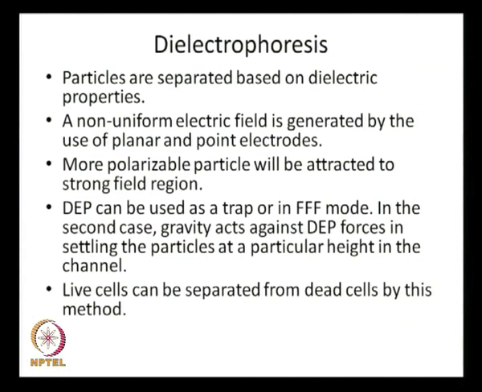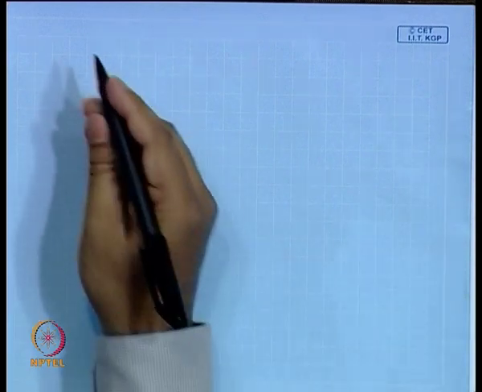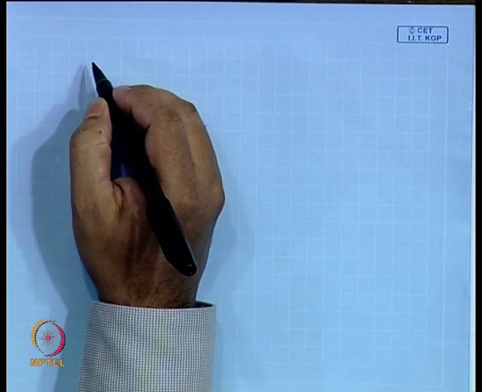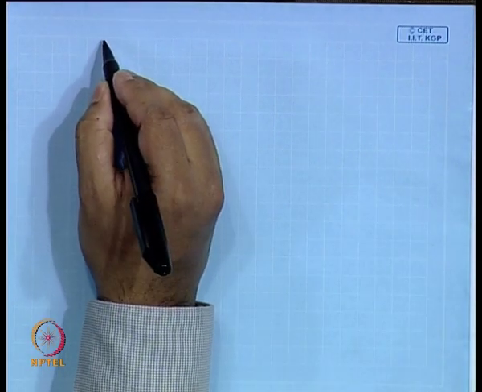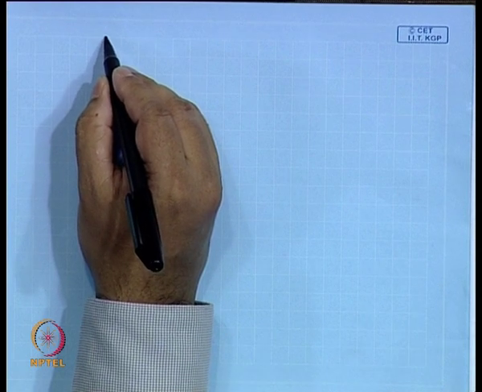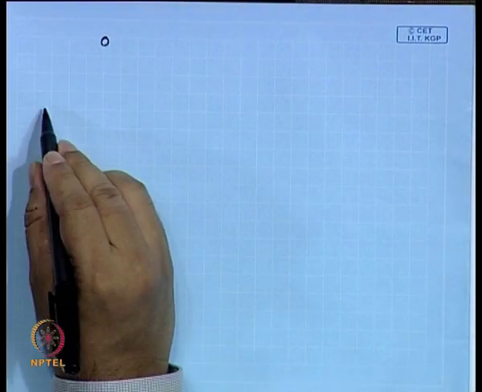For this, a non-uniform electric field is to be generated by the use of planar and point electrode. What that means is, you need to have a non-uniform electric field, and that can be generated by a point and a planar electrode.